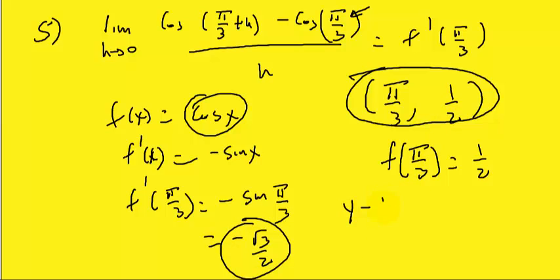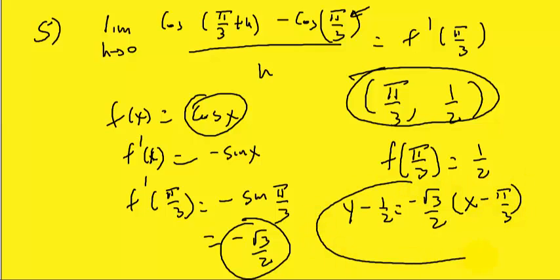That's y minus 1/2 is equal to negative rad 3 over 2, my slope, times x minus pi over 3. And those of you that love y equals mx plus b, keep going. But if you don't want that, you can leave it right there.